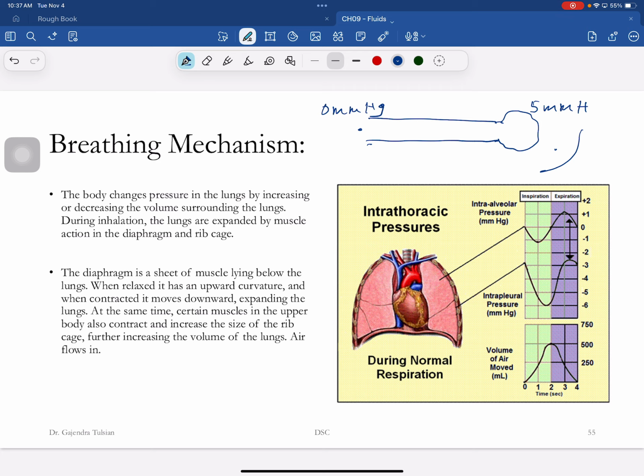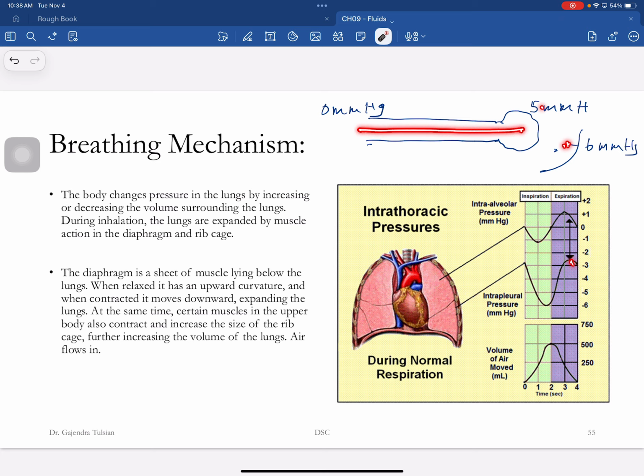When you're breathing in, this negative pressure goes to minus 6 millimeters of mercury. So minus 6 plus 5 is minus 1, and air will move in. And when you're breathing out, this negative pressure goes to minus 3. 5 minus 3 is 2 millimeters, and that pushes the air out.